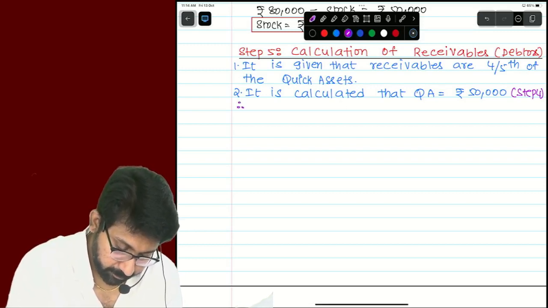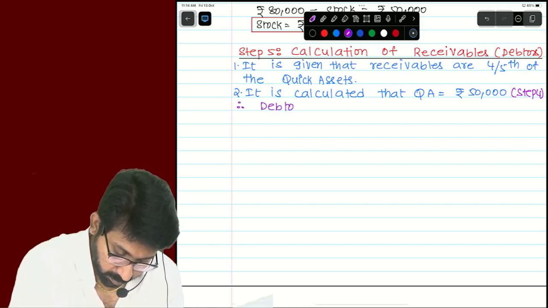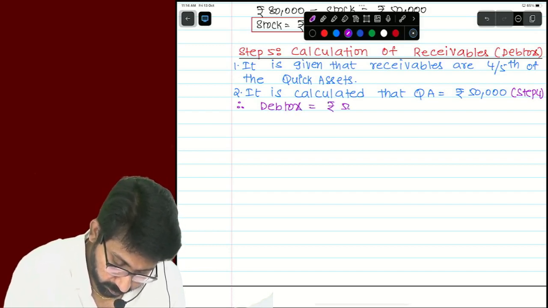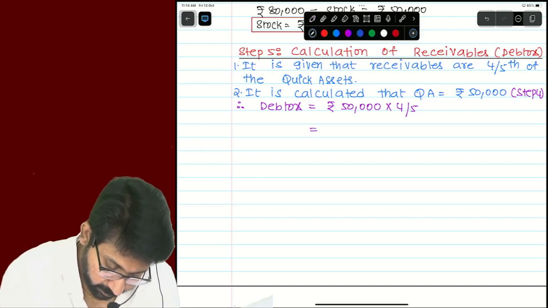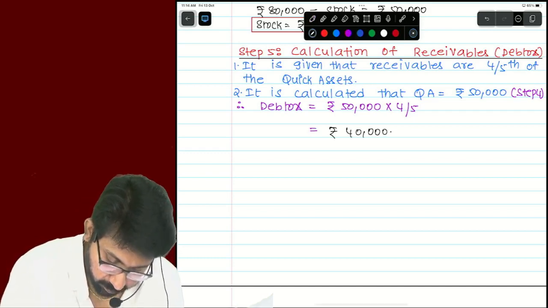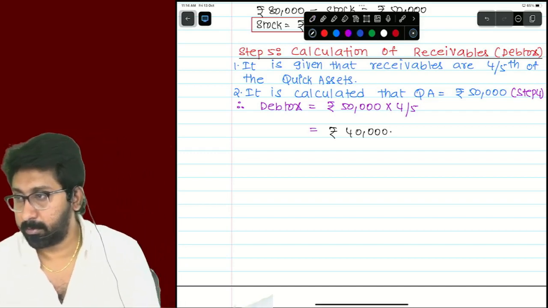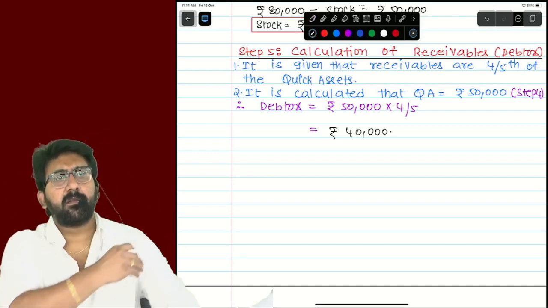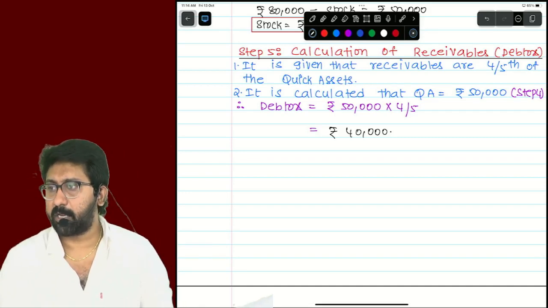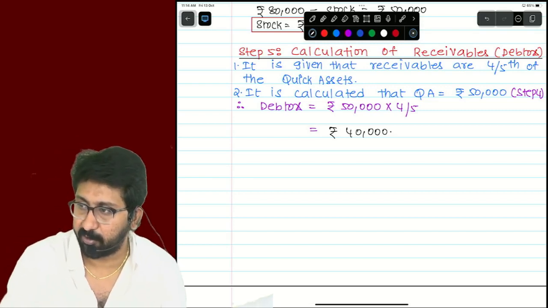Therefore, debtors is equal to rupees 50,000 into 4/5. Value please. Rupees 40,000. What is 40,000 here? Debtors or creditors? Debtors. So debtors comes to rupees 40,000. So calculation of receivables, that is debtors, is 40,000.